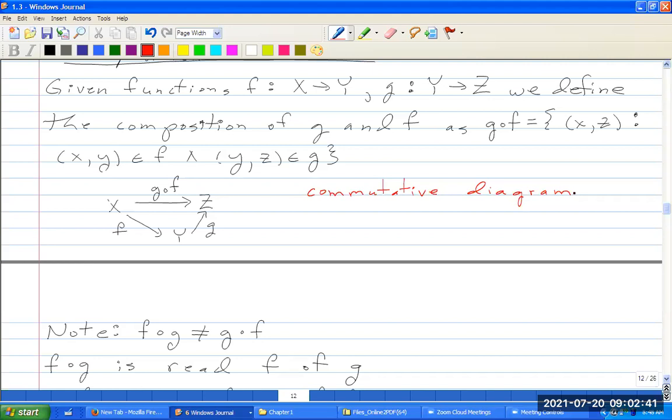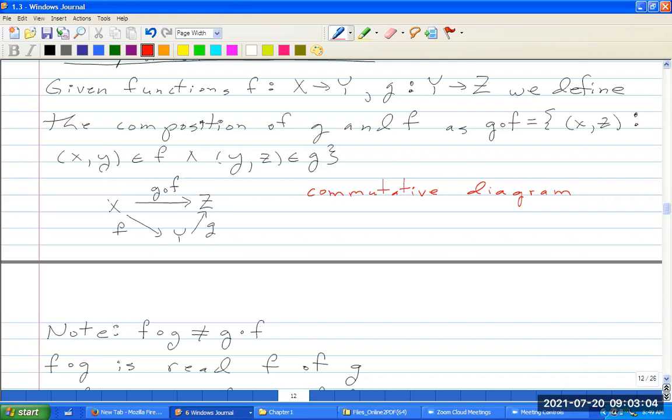And in a commutative diagram, if you start somewhere and you go in any path and end at the same place, then if you start at the same place, you have to end at the same place.